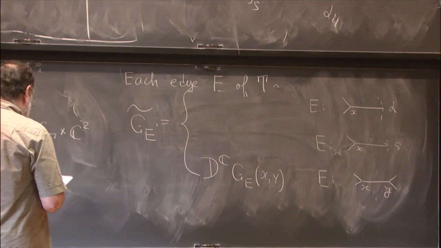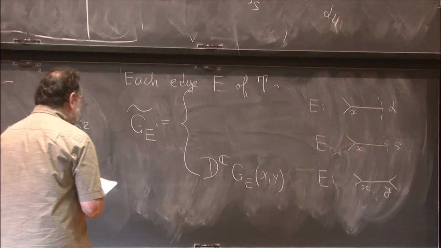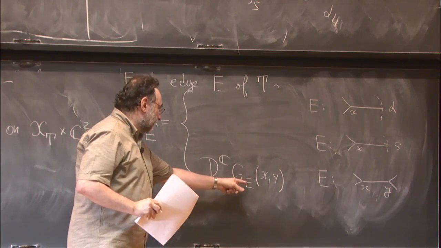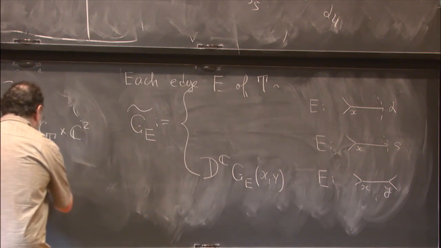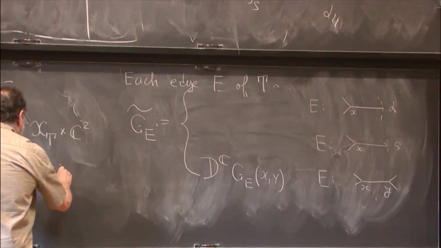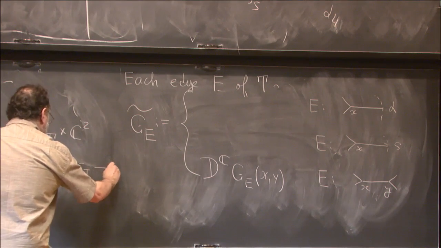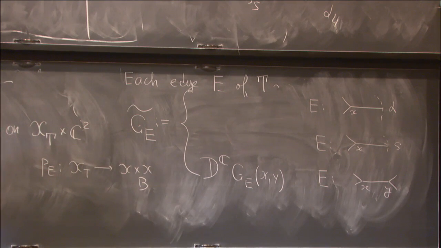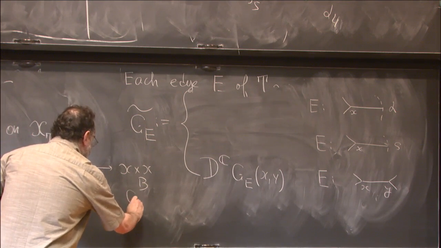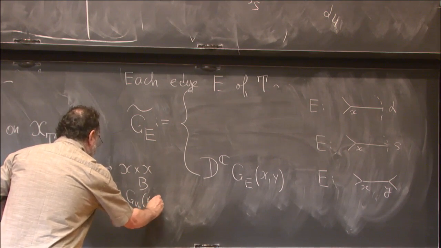I hope this is clear. I have a green function which was defined before. So this E is just a green function. P sub E is a map from X_t to X cross X-bar, which corresponds to this particular H_E, and here you have the green function I was talking about before.